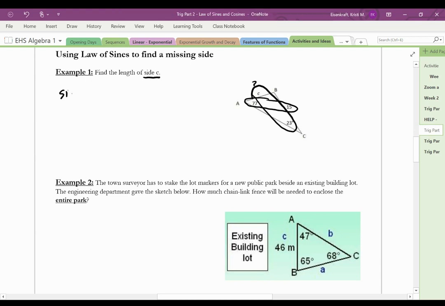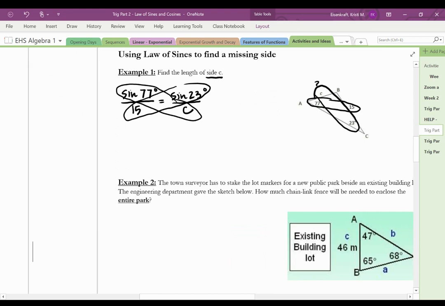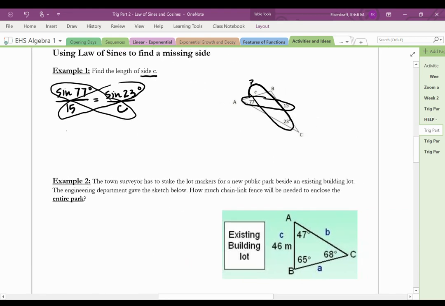The sine of 77 degrees over its side, 15, is equal to the sine of 23 degrees over C. And if you remember from middle school, cross products, when you have a proportion or 2 ratios set equal to each other, their cross products are equal. So I know that 15 times the sine of 23 has to equal C times the sine of 77. So instead of writing all that out, I know C has to equal 15 times the sine of 23 divided by the sine of 77.